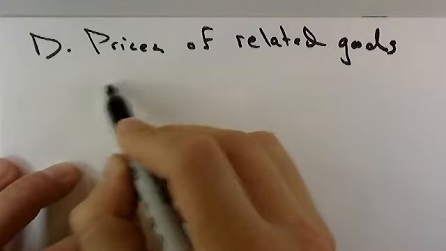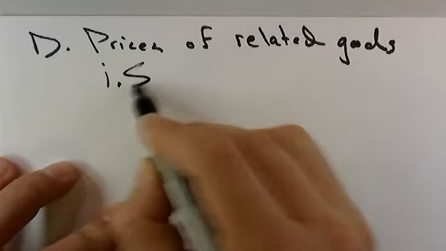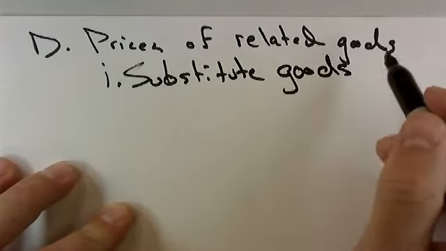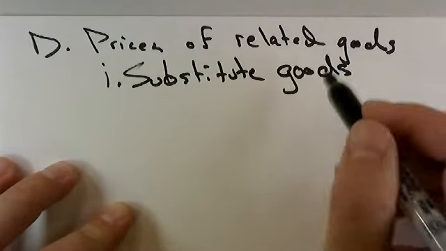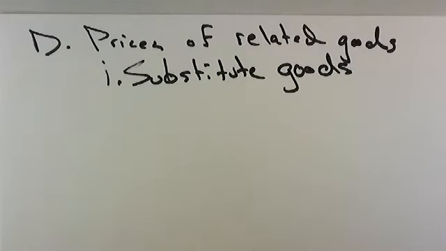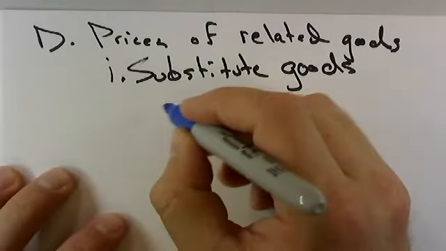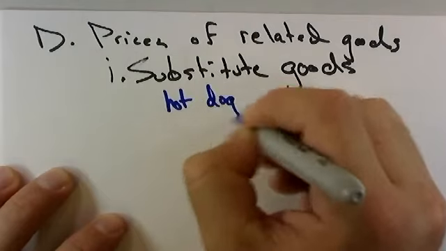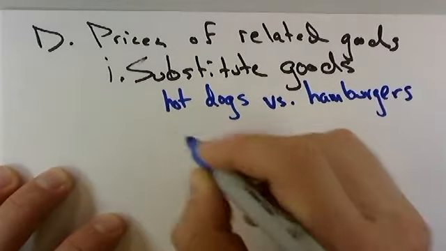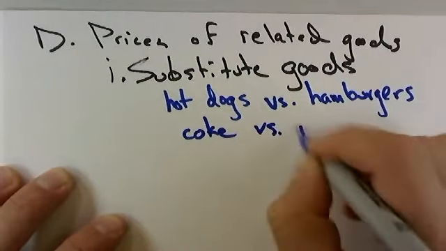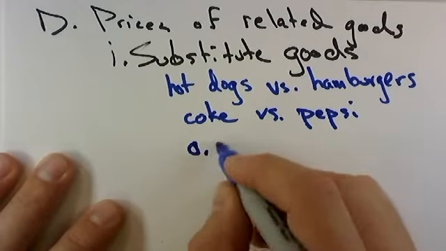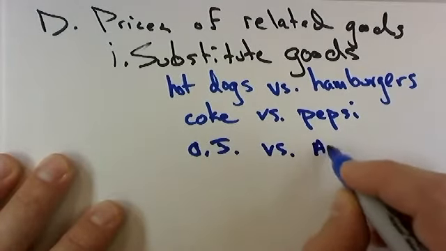The first one is substitute goods. These are goods that can be used in place of each other. We all know what substitutes are. Substitute goods would be hot dogs and hamburgers, Coke and Pepsi, et cetera, orange juice versus apple juice or something.